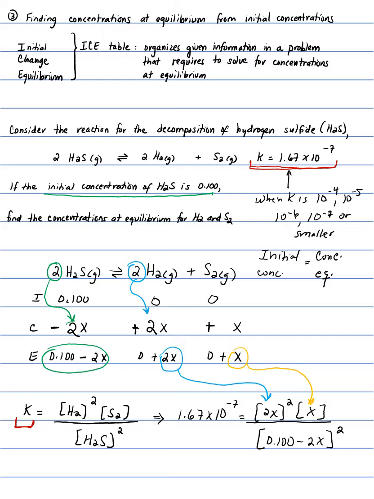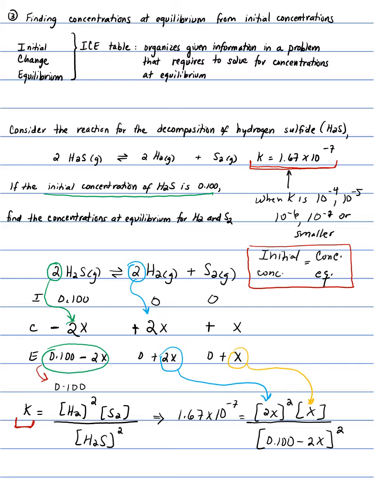We're assuming that the initial concentration is equal to the concentration at equilibrium because the value of K is 10 to the minus 7 right there. What we're actually doing is changing this 0.100 minus 2x back to just 0.100.